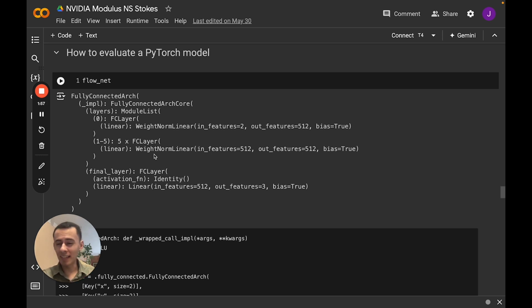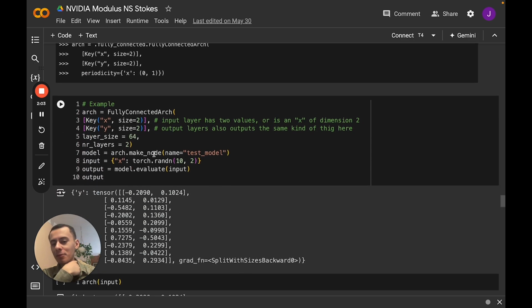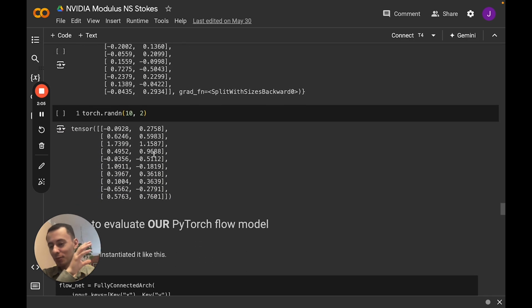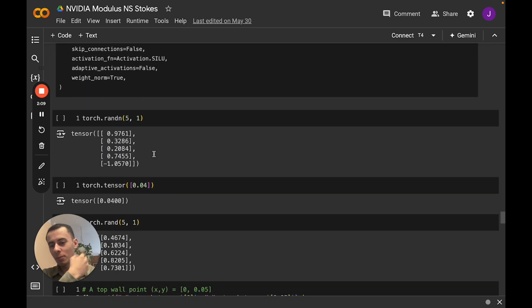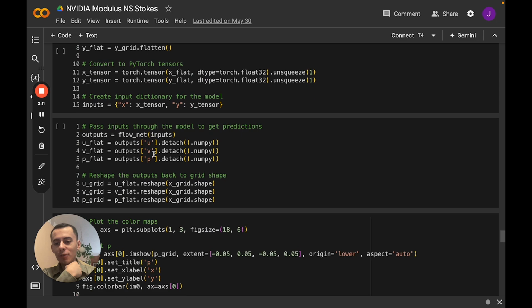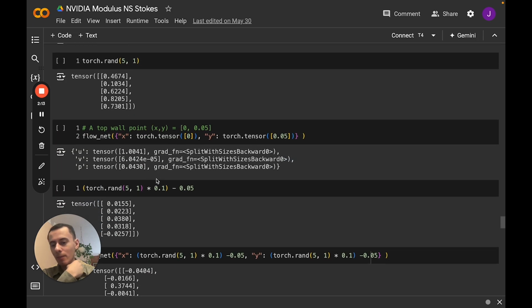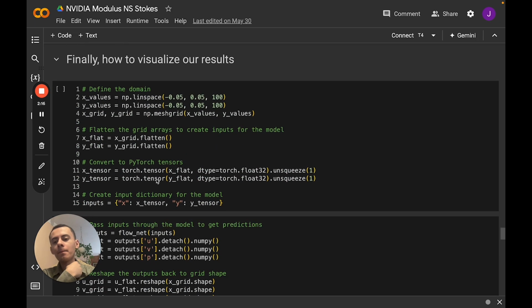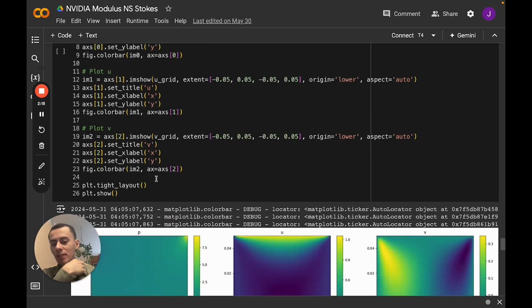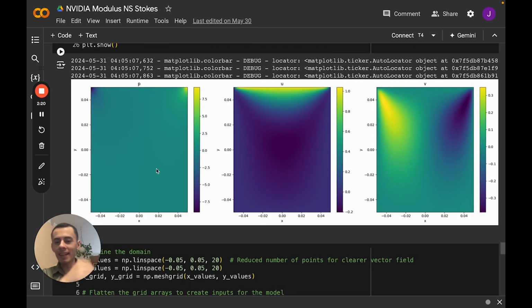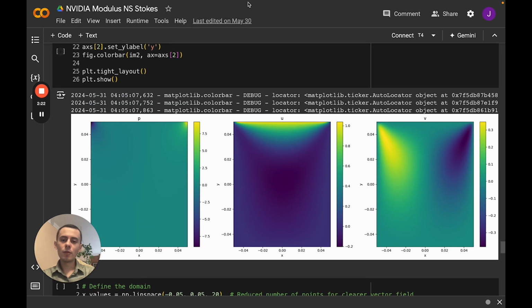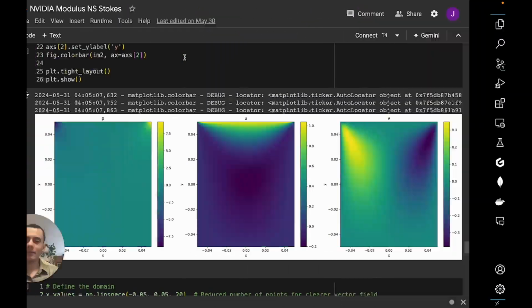That means you can give this to someone else, and if they know how to load the model as well, they're going to be able to insert inputs and take outputs, which is the whole point of having a model. So here we play a little bit with PyTorch tensors and inputs, and finally we visualize the results and basically replicate what we can see in the guides.